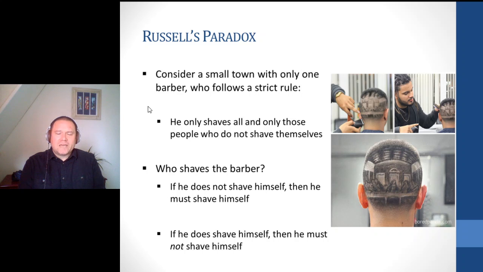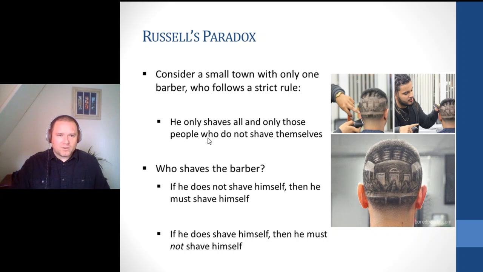The barber is a member of the town, and he might want to be shaved. So who shaves him? Well, let's look at the barber's rule. The barber's rule suggests that if the barber doesn't shave himself, then he would be one of those people who doesn't shave themselves. So then he must be shaved by the barber.